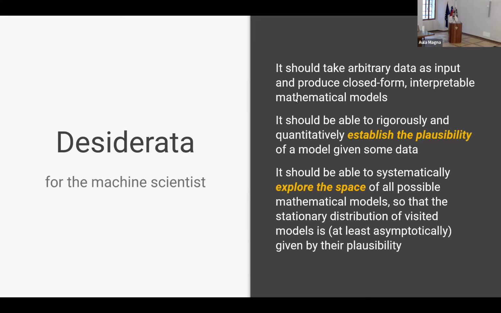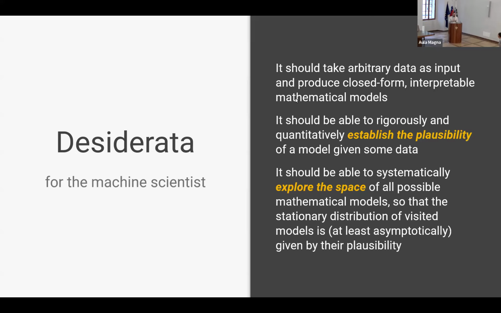And the second one is, okay, we are looking for mathematical expressions, right? We have some data, we have many mathematical expressions that could describe the data, and we want to keep searching this space of mathematical expressions until we find something that fits the data well, okay? Again, standard approaches to symbolic regression or equation discovery propose heuristics here. They say, well, we are going to do this sort of search in the space of possible models, or we are going to use a genetic algorithm to look for models, or things like this.